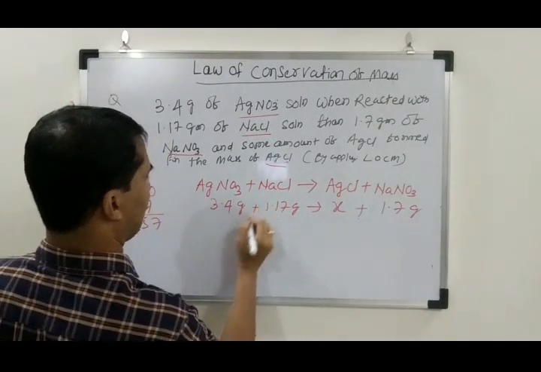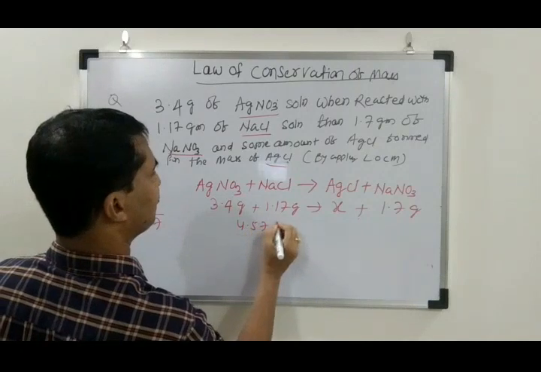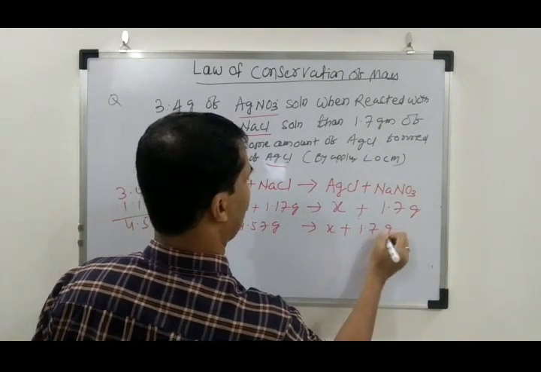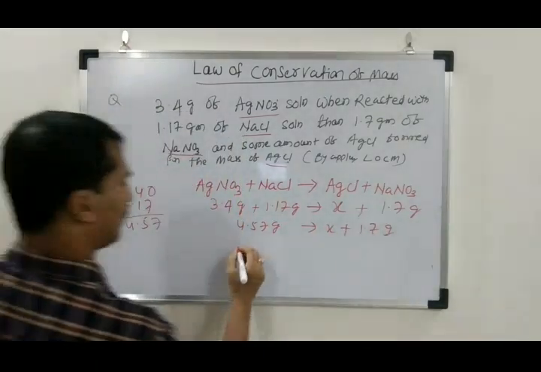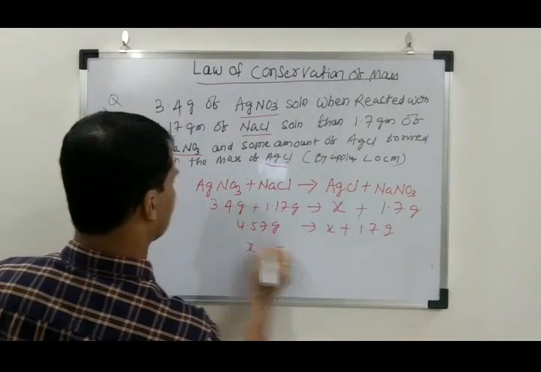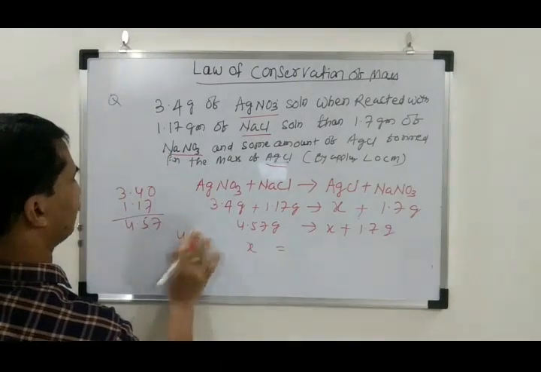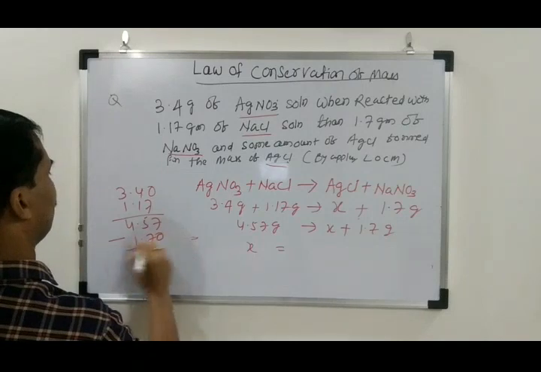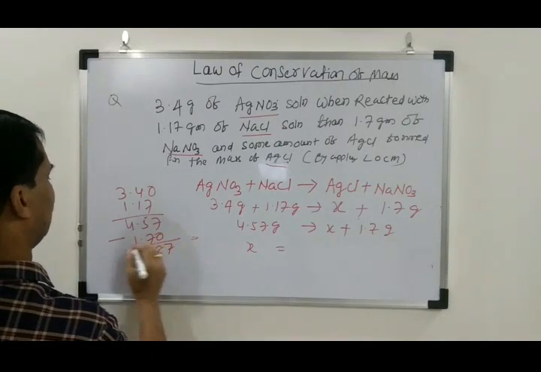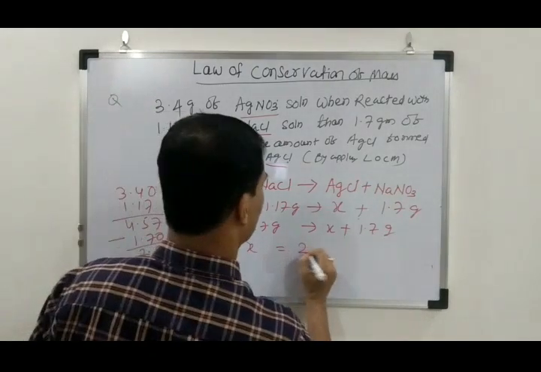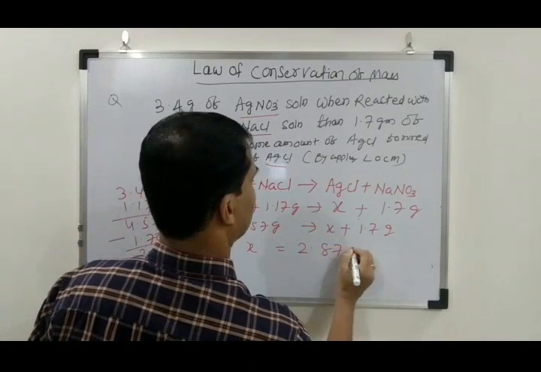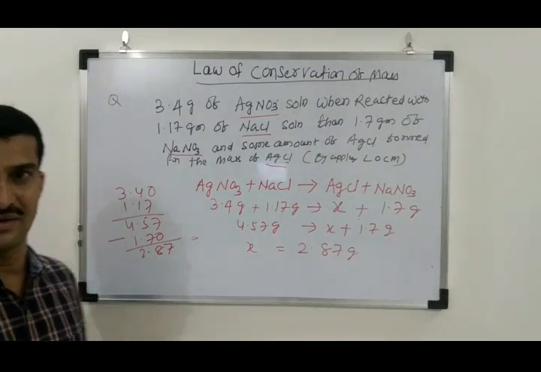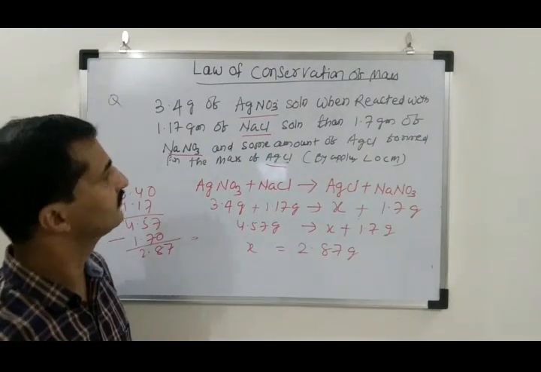This is added together, I will get 4.57 gram. Now this will be X plus 1.7 gram. Okay. Now the value of X is equal to 4.57 minus 1.70, so it is equal to 2.87 gram. Clear?